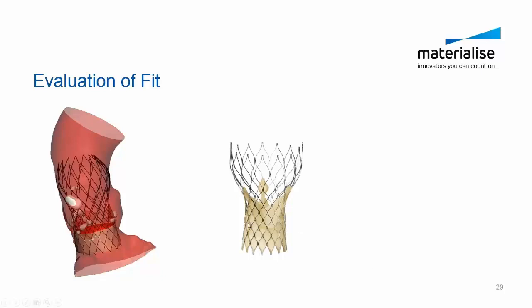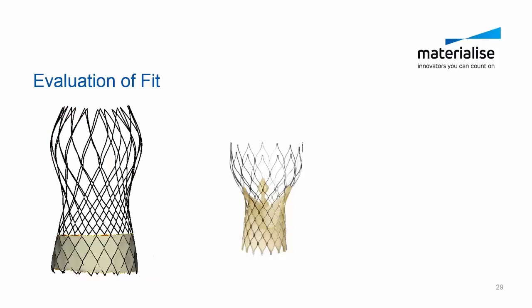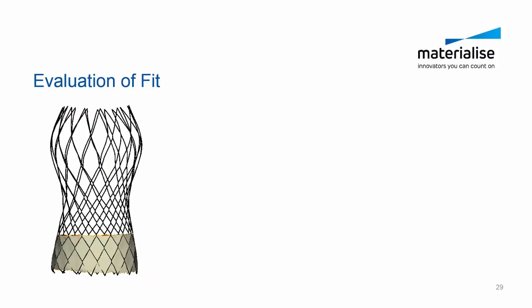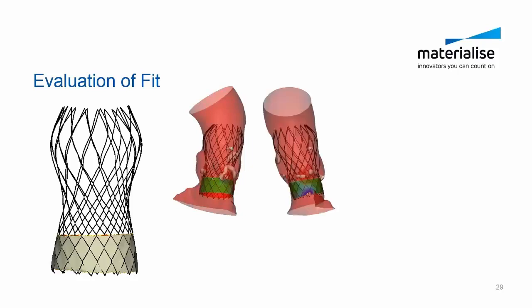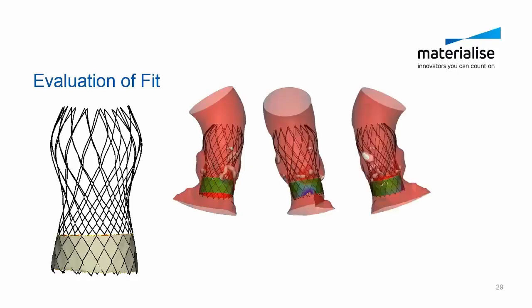Because we don't have an orientation of the device, we only included the sealing skirt where it is complete circumferentially around the whole stent, and we calculated based on that sealing skirt the distance between that surface and the aortic root of the patients.